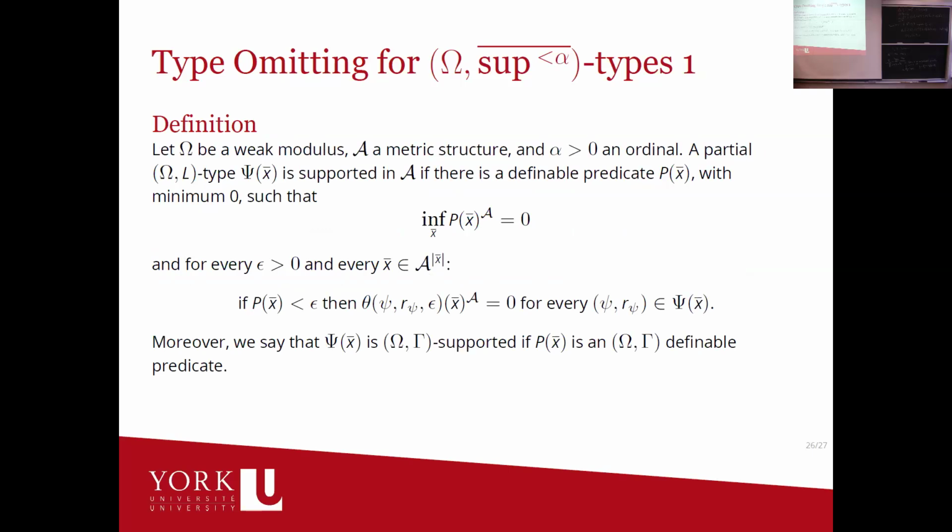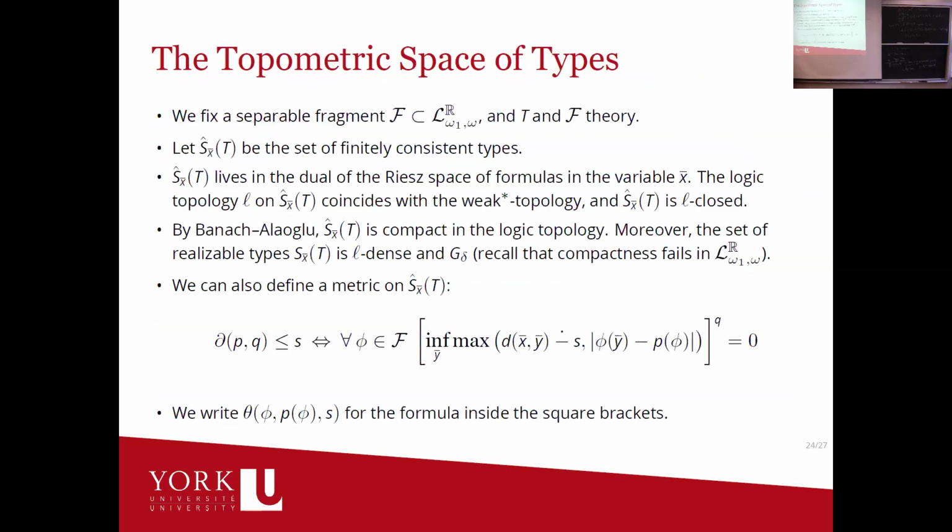So what we're going to say is that if the predicate is less than epsilon, then the type is approximately true. And the way that we define approximately true is using this weird distance on types. Essentially, if the predicate is less than epsilon, you are close to a realization of the type approximately.